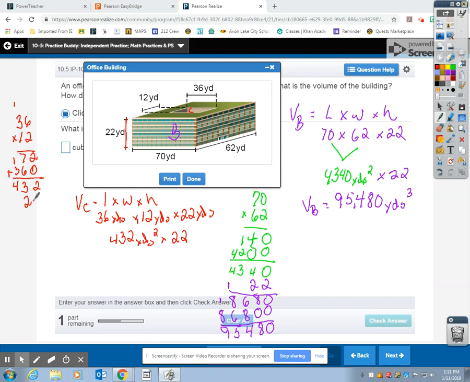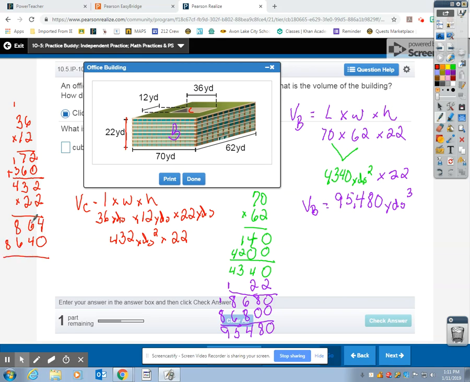So we're going to go ahead and do that right now. 2 times 2 is 4. 2 times 3 is 6. 2 times 4 is 8. I annex a 0, I move over, and look, I have another 2 there, so it's going to be the same digits, 4, 6, and 8. A 4 here, a 6 here, and an 8 here.